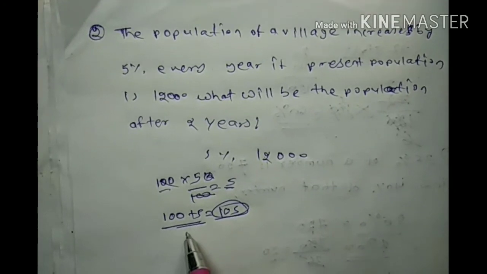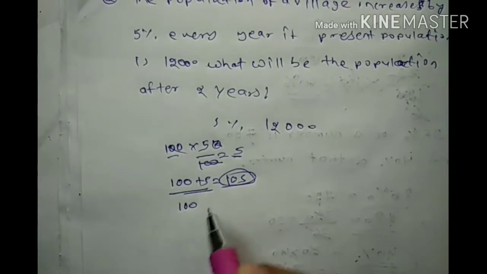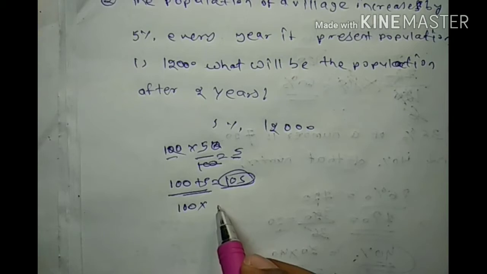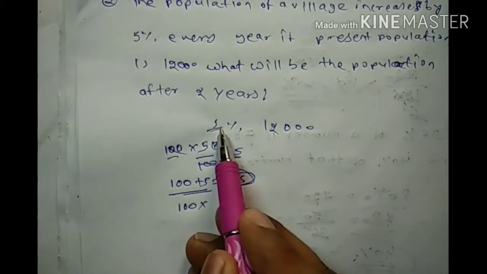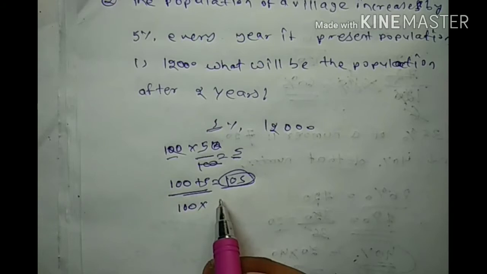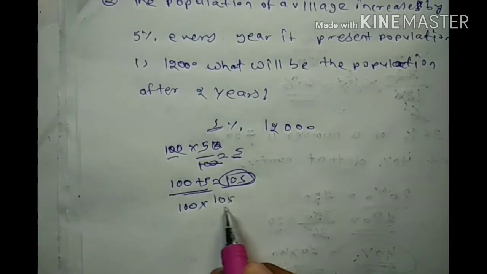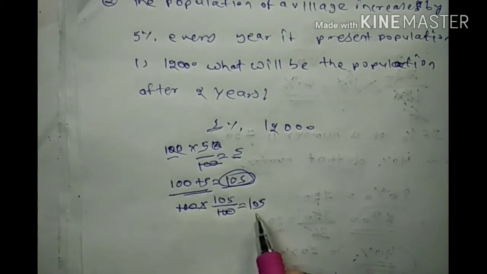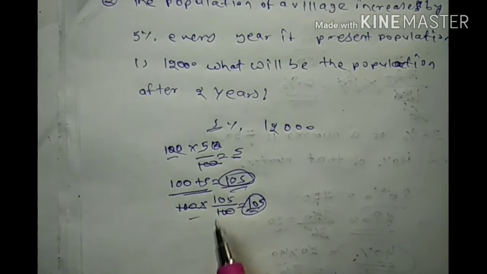If we directly calculate, we add the increase number to 100 and get the total percentage, which means here the increase percentage is 5, we have to add 100 plus 5, so directly we can calculate 105% of that number. You see, the answer will be the same and we can find it in one step.